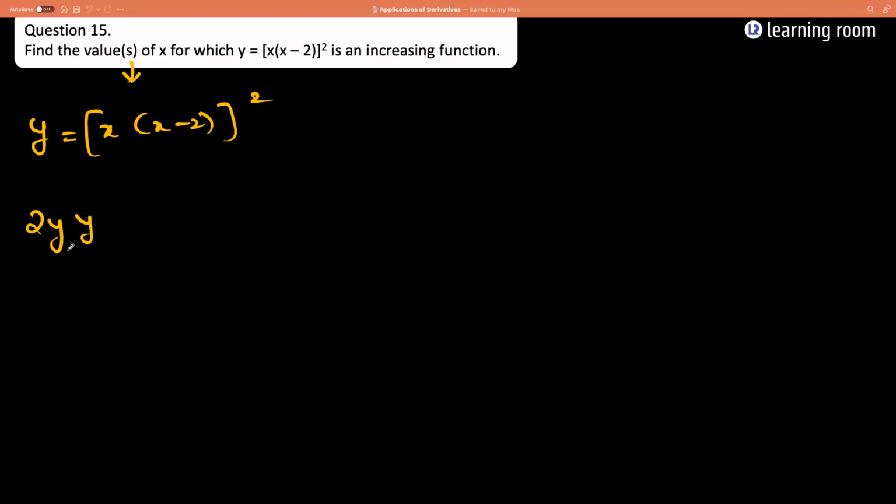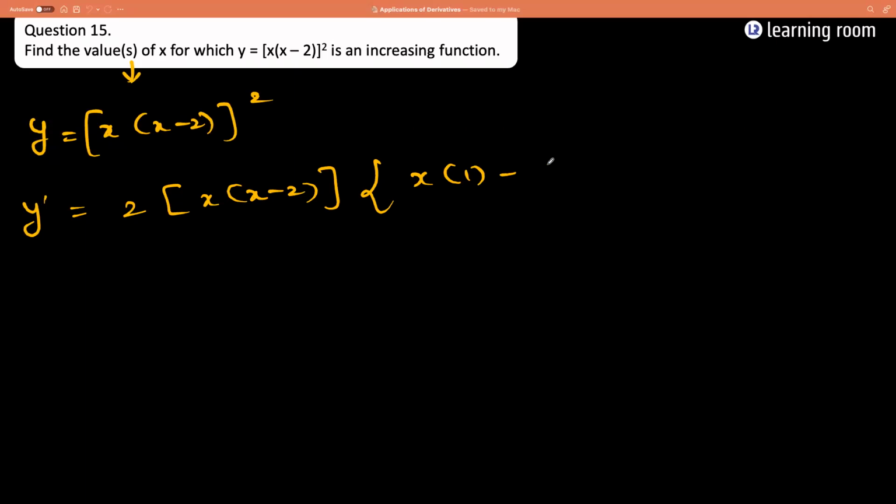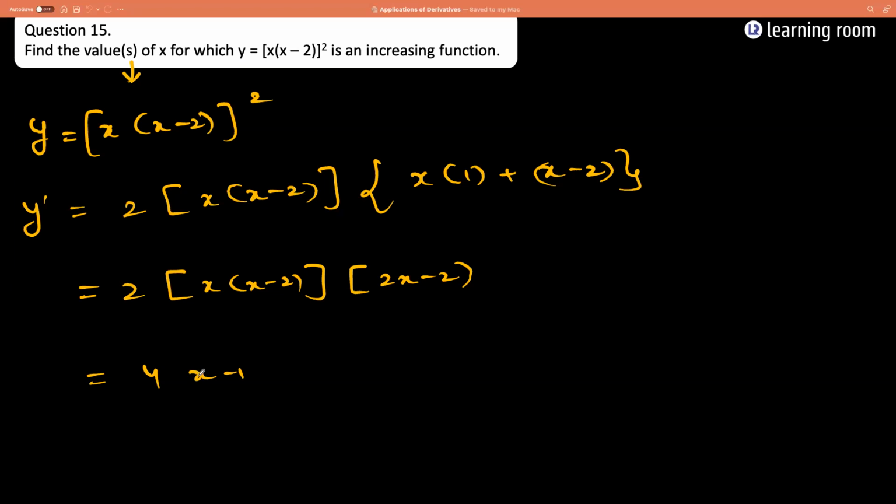So y dash is equal to 2 into (x minus 2) into x into 1 plus (x minus 2). So 2 into (x minus 2) into, so 4 into x into (x minus 1) into (x minus 2).